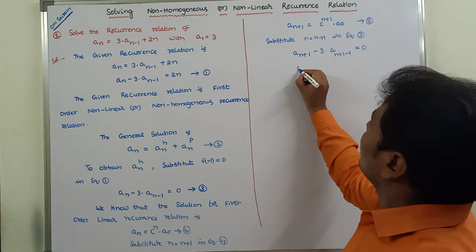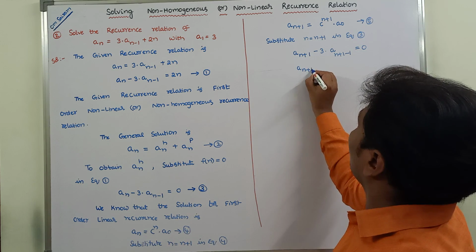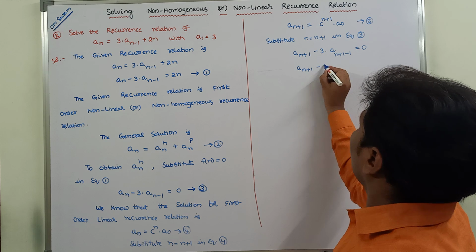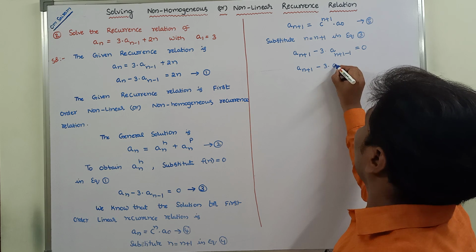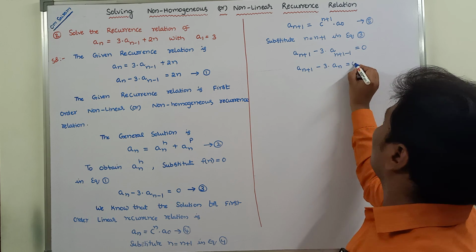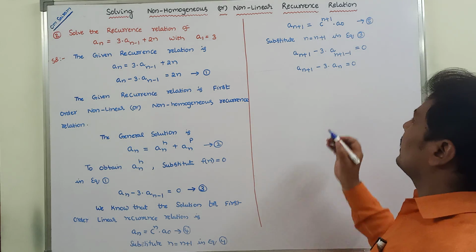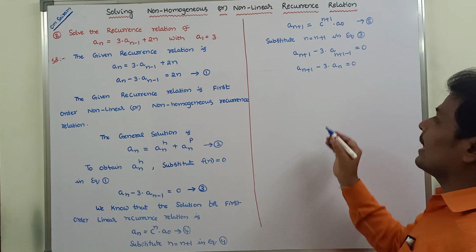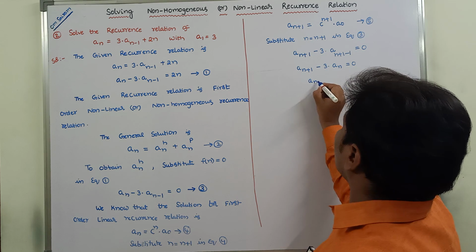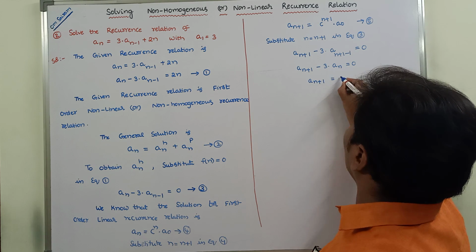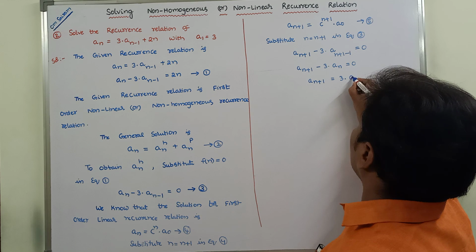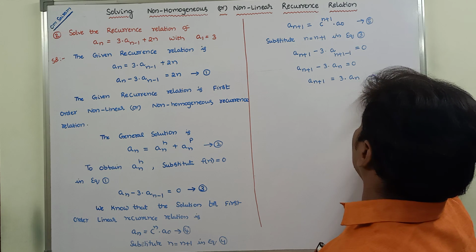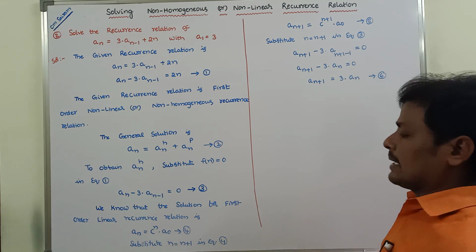Now a suffix n plus 1 minus 3 into a suffix n is equal to 0. Now 3 into a suffix n can be sent to the right hand side. So a suffix n plus 1 is equal to 3 into a suffix n. So this is equation 6.